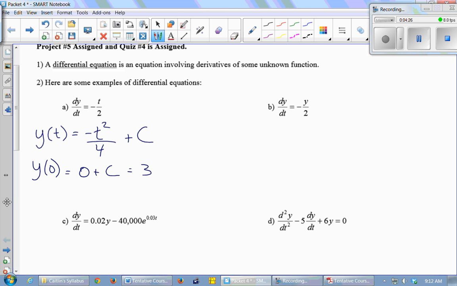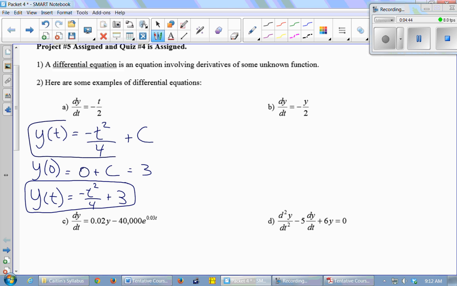That has to equal 3, which means c is 3, right? So that's my one particular solution that satisfies the initial condition. Negative t squared over 4 plus 3. So the general solution is a family of functions, and then you have a particular solution that can satisfy an initial condition.